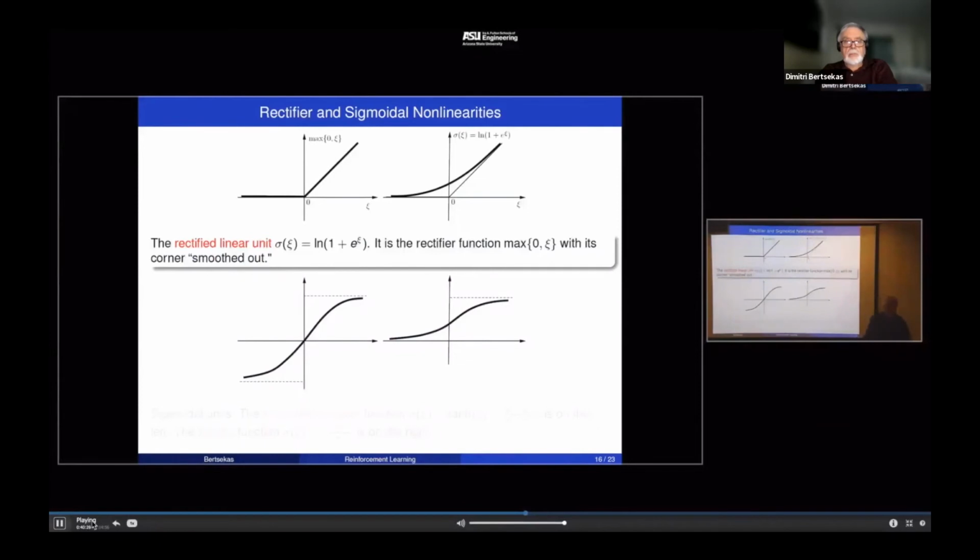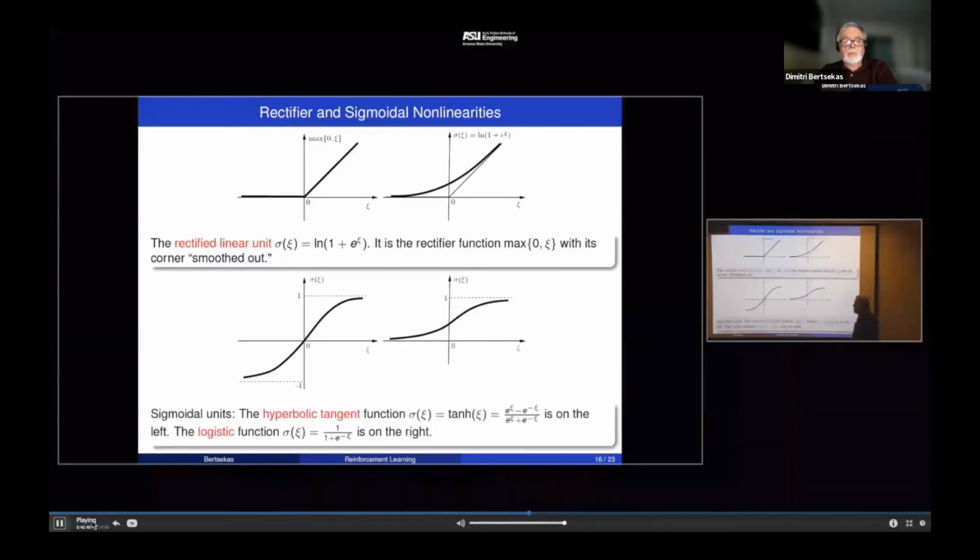And we need a smooth nonlinear unit because we want to use gradient methods, and gradient methods require differentiability. So this is something that has come into play relatively recently. In the past, the most popular type of nonlinearities were the so-called sigmoidal nonlinearities, which have this form. They go to asymptotes, they flatten out in either direction.